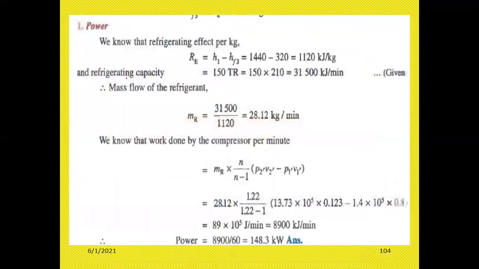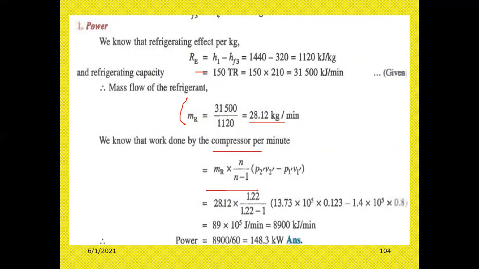Now calculate the power. We know that RE is equal to H1 minus HF3. Therefore, the mass flow we have to find out. MR is equal to 31,500 divided by RE, divided by 1120, that is equal to 28.12. Therefore, the compressor work per minute is equal to MR into n by n minus 1, P2 V2 minus P1 V1.